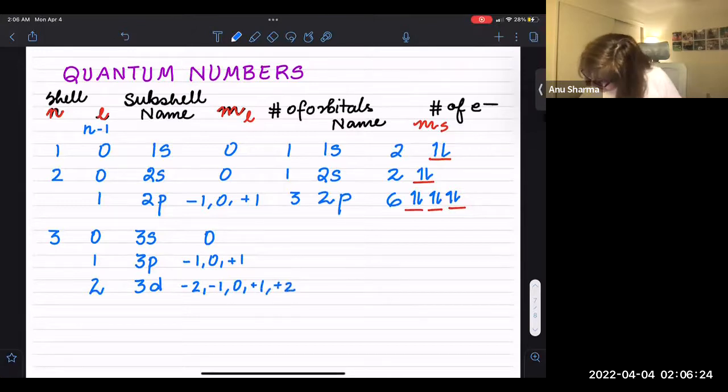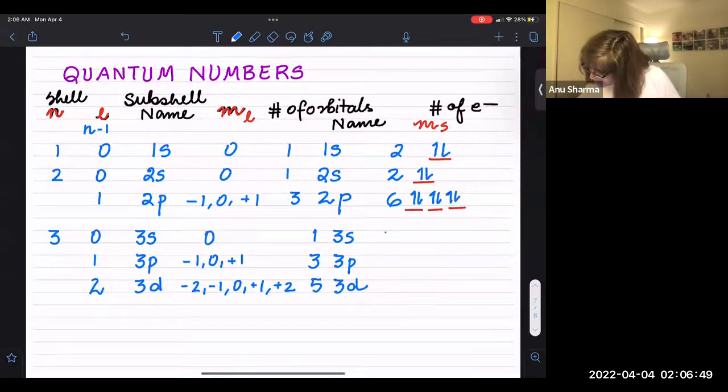Here the number of orbitals is 1, here 3, and here 5. The names are 3s, 3p, and 3d.